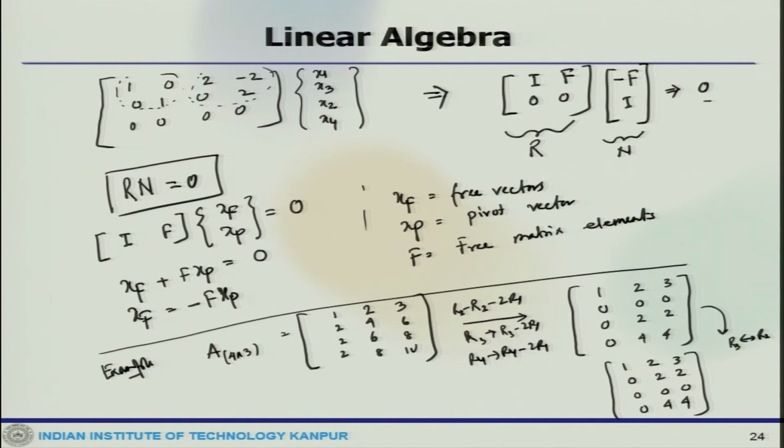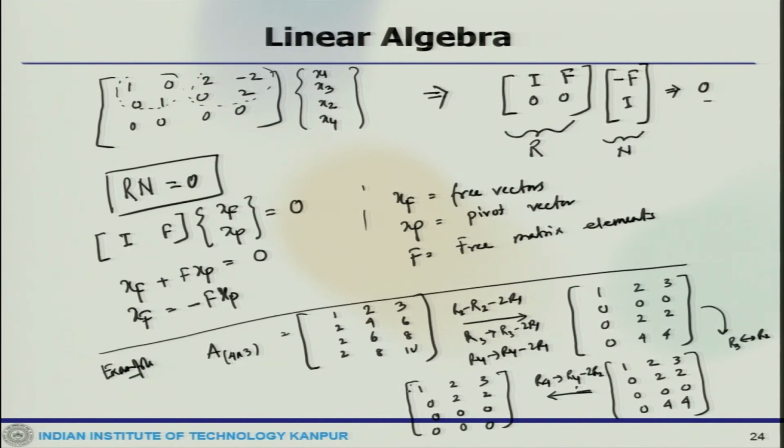And then further operations, like R4 minus 2 R2, which gives 1 2 3, 0 2 2, 0 0 0, 0 0 0.